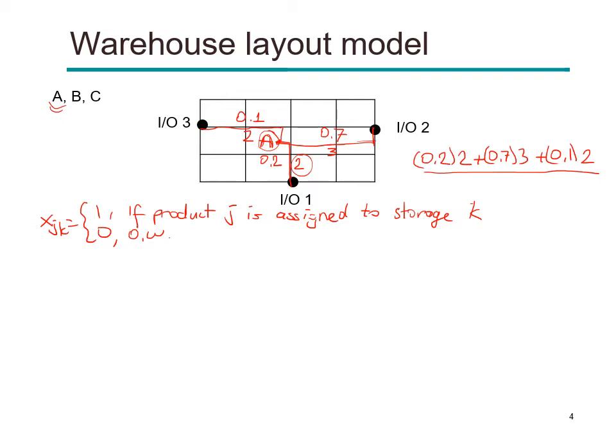But the thing is, we also know that for A, we are making in total 20 storage and retrieval operations per time. So this distance is made 20 times. So we multiply basically by 20. But on the other hand, for A, we need to allocate 6 such locations. And this one is only one of them. And we will have another, for example, if we allocate A to here as well, another to here, another here.